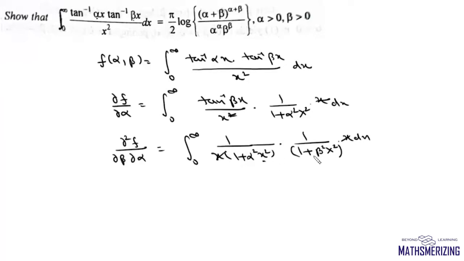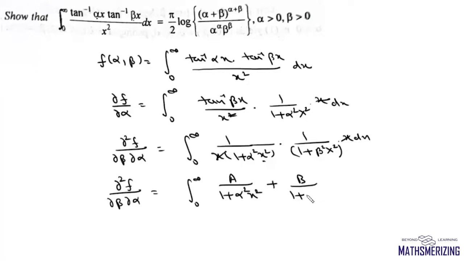Now this integral, it is a function of x square. So we can use partial fractions. So we can write del square f upon del beta del alpha, and it'll be equal to this integral from 0 to infinity of a upon 1 plus alpha square x square plus b upon 1 plus beta square x square into dx.